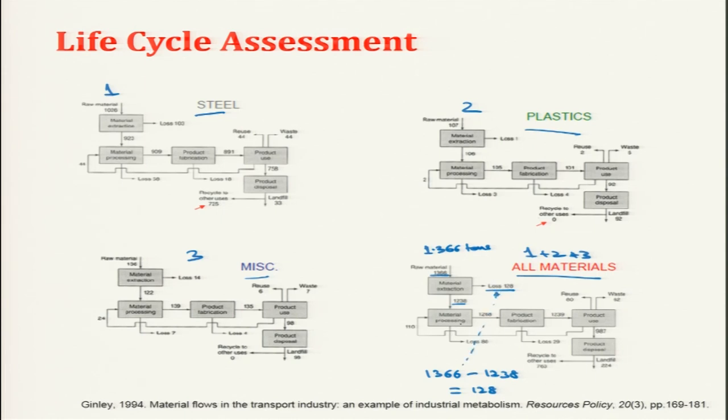the loss, and after this, around 1200 kgs of material goes for actual fabrication, where actual fabrication happens, and the weight of the product that is delivered to the customer, that is the car, is around 1.239 tons.